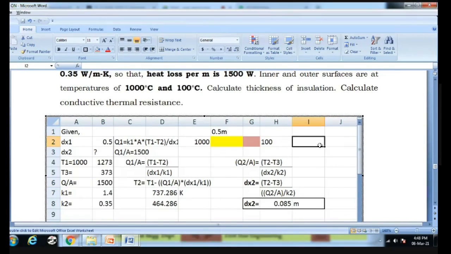क्यों? क्योंकि you know thermal resistance RC1, what will it be? RC1 is equal to dx1 divided by K1 times A. A you can calculate anyway, but A1 you consider as unity.